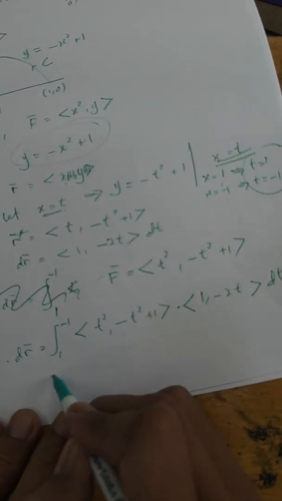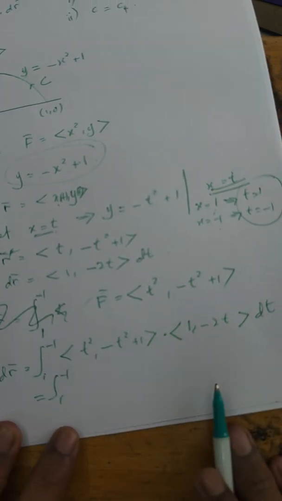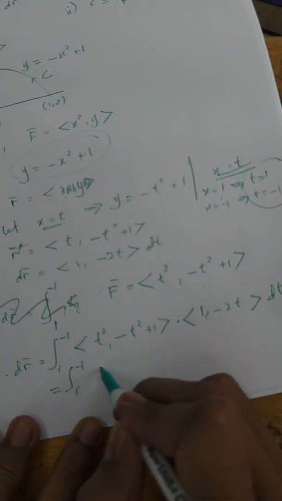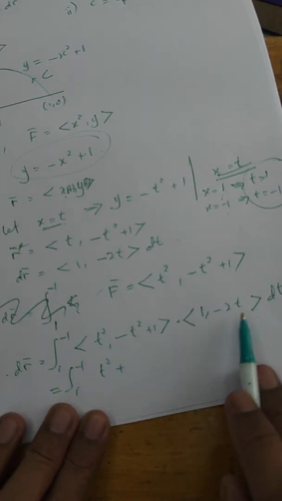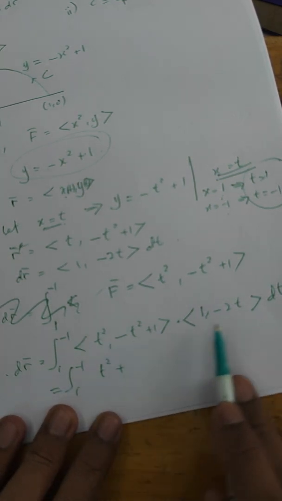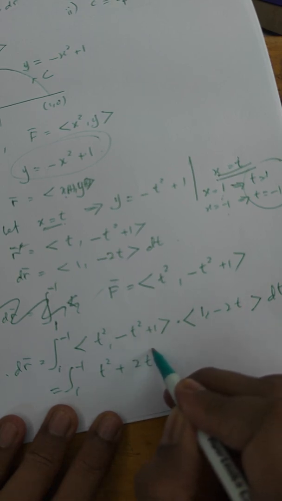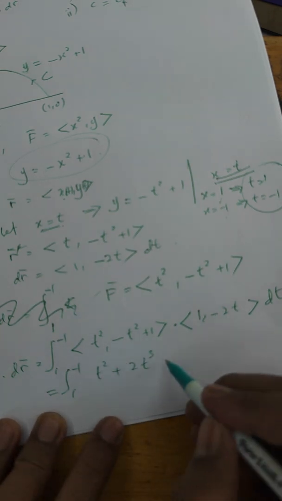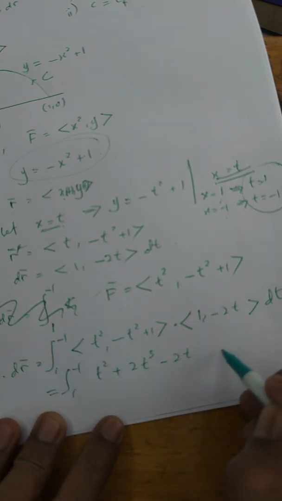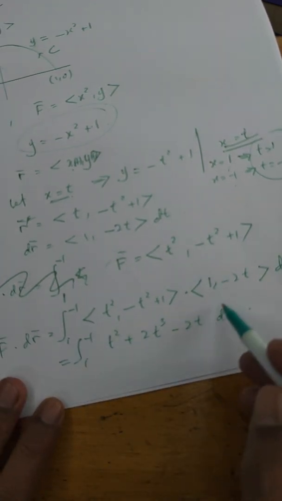So this gives you the integral from 1 to -1 of t squared plus 2t cubed, correct, and plus minus 2t dt. Okay, you can easily evaluate this. So what do you get?